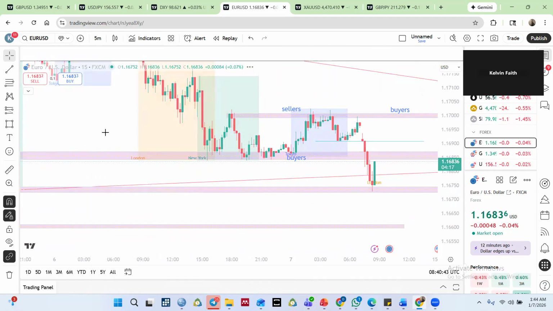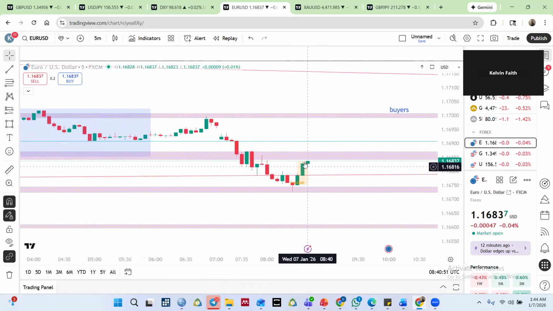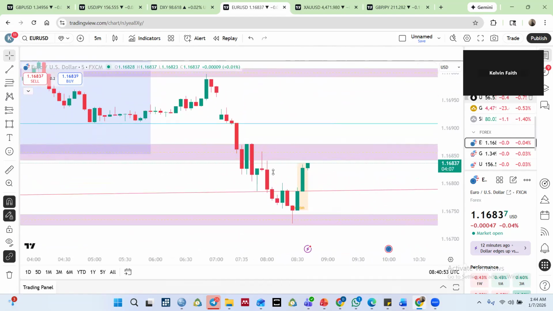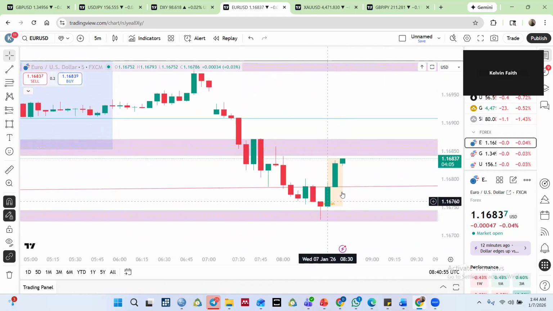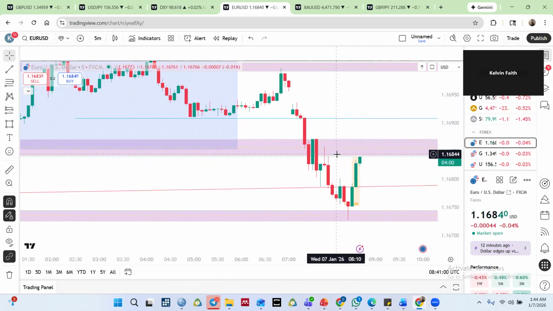On 5 minutes, we already have a support formed. The internal sellers crashed. London session is already open. We can see the yellow area, this is London session, it has already kicked in.